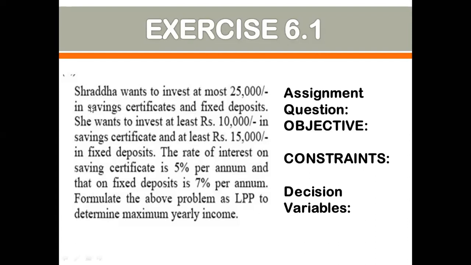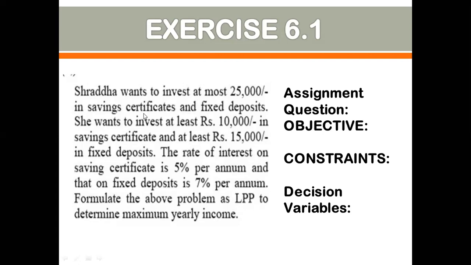The decision variables can be: savings certificate she can take X, and FD she can take Y. Now, at most is another name for maximum. That means she will not spend even 1 rupee extra beyond 25,000. So at most she can deposit 25,000 in both combined.